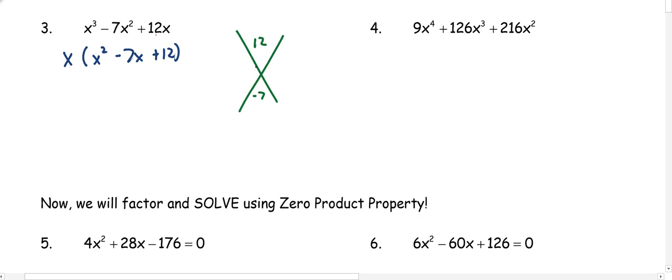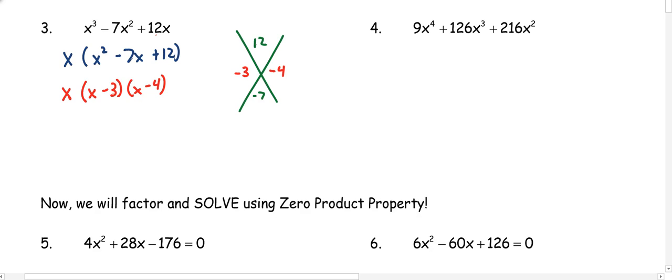So we're looking for two negative numbers. In this case, our two negative numbers are going to be negative 3 and negative 4, because those multiply to 12 and add to negative 7. So we're going to rewrite the GCF x out front, and then in the parentheses we have x minus 3 times x minus 4.